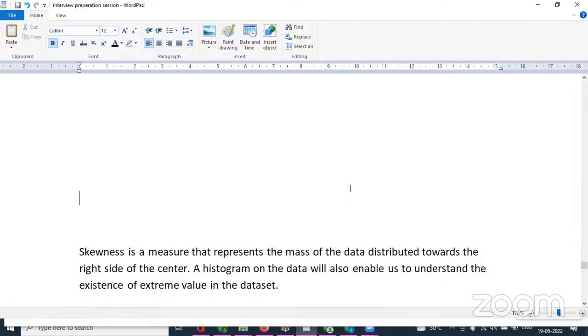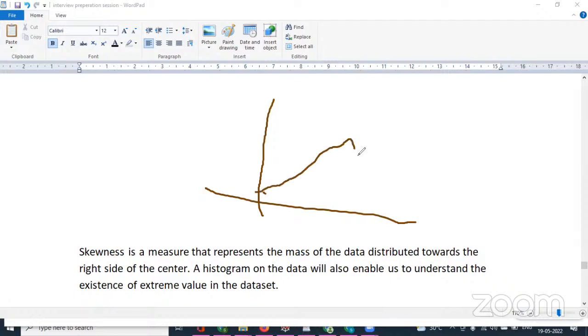Skewness is a measure that represents how the mass of the data is distributed towards the right side. Let's say you have data something like this.